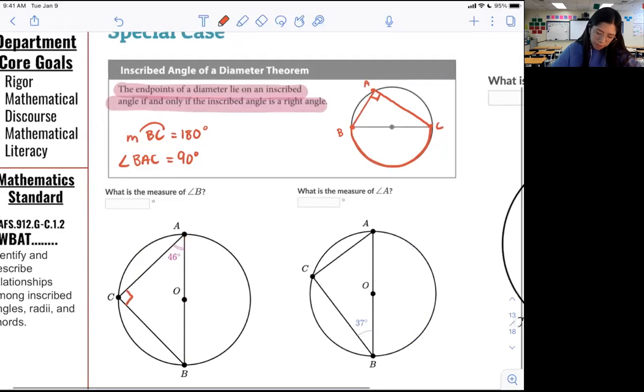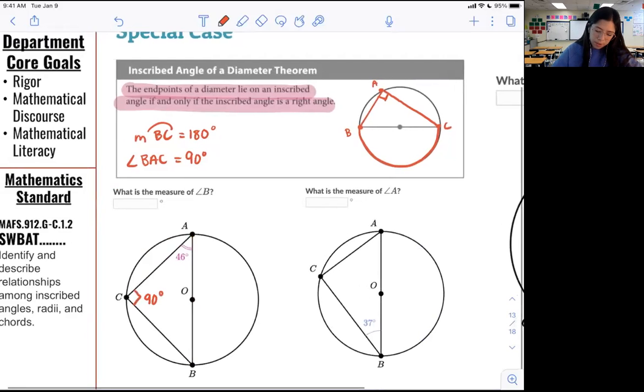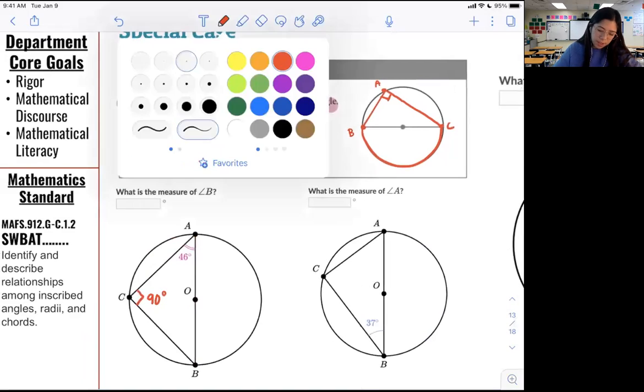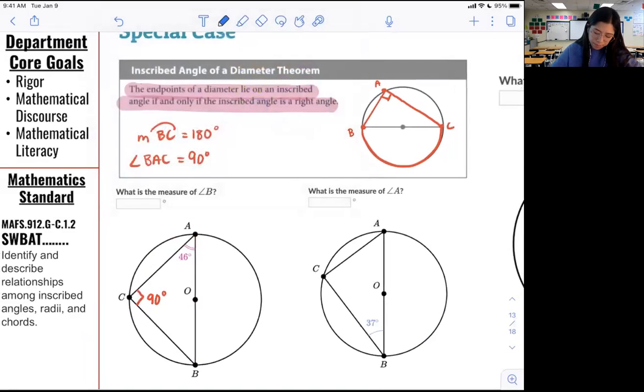Well, if this is 90 degrees and the other one is 46 degrees, what's angle B going to be? Do your math a little bit more correctly, Jalen. 44 degrees. That's okay, it happens to me too.